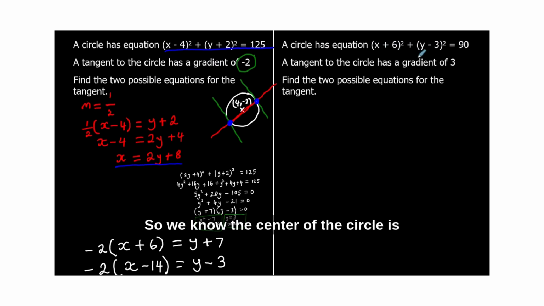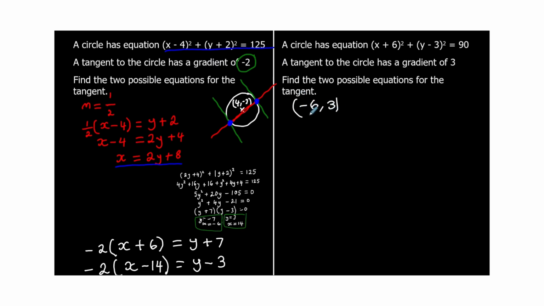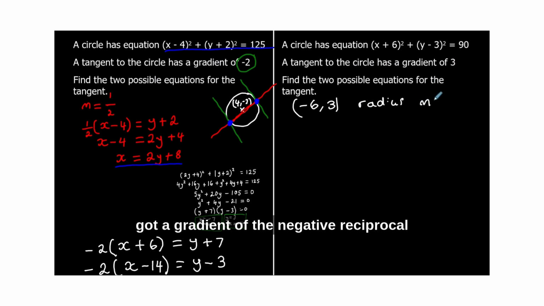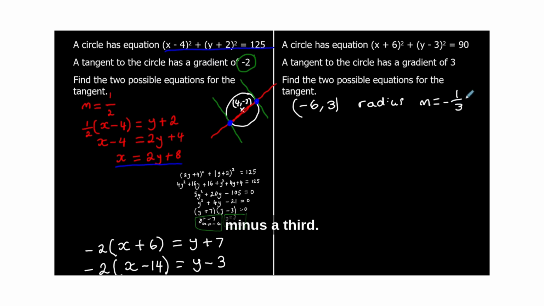So we know the center of the circle is at negative 6, 3. And the tangent's got a gradient of 3. So the radius has got a gradient of the negative reciprocal, minus a third.